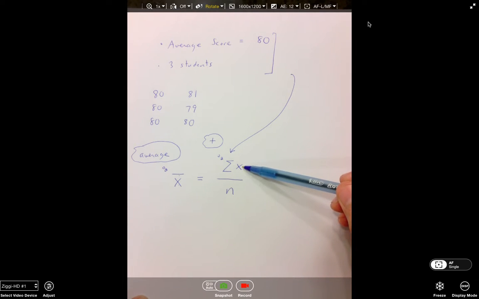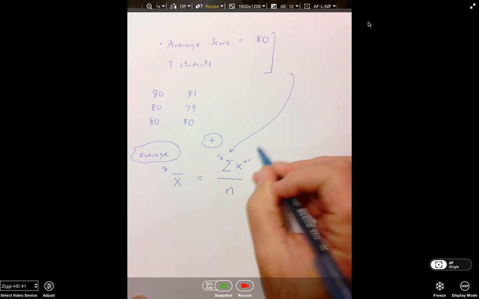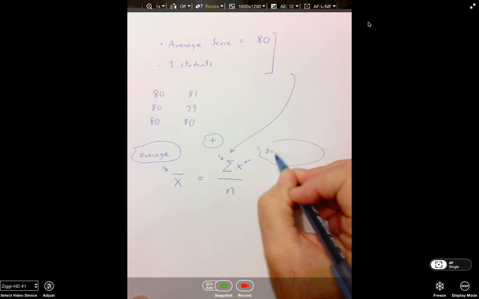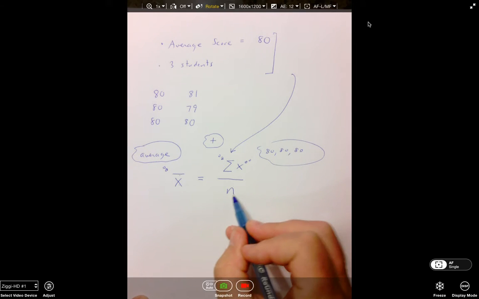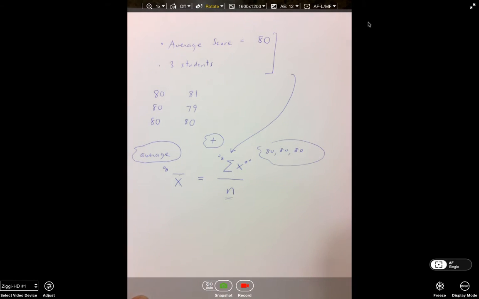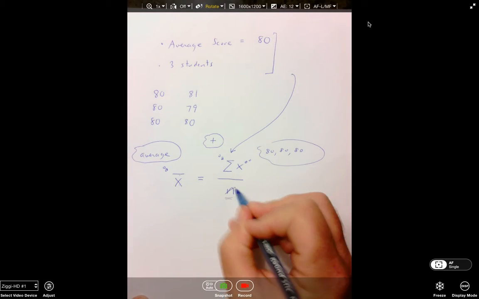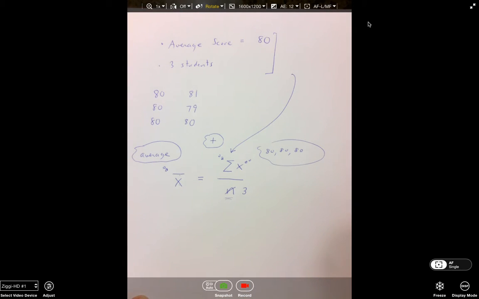Not in statistics. X is our data. And N is just the number of scores that we have. So in this situation, N is completely known because it's 3, and it will be known.